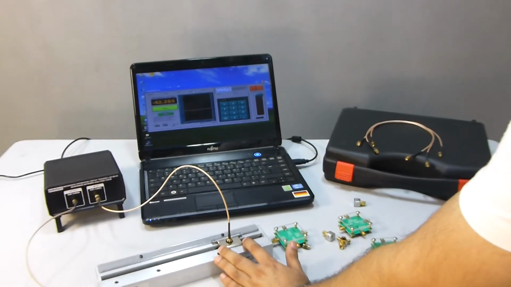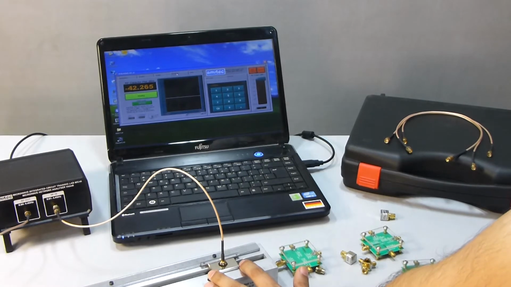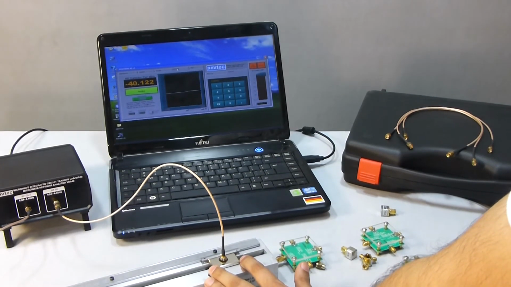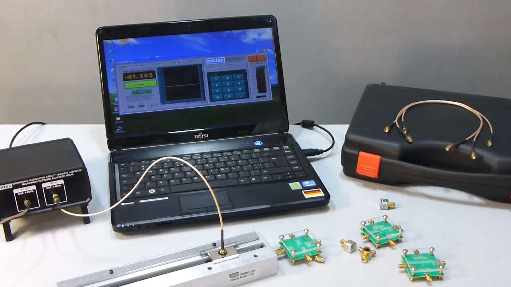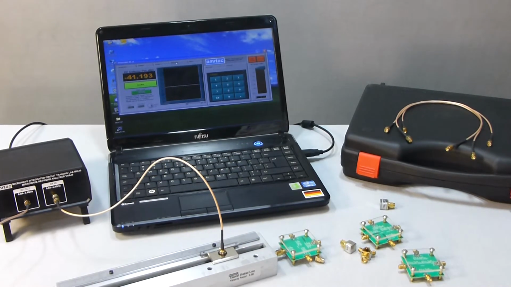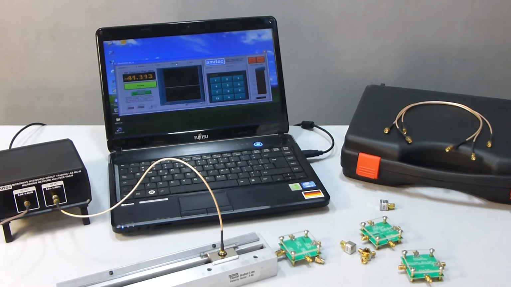Now we have arrived at another minima location, which is at 187 millimeters. The difference between the two minima gives us the half wavelength, based on the velocity of propagation inside the coaxial slotted line at the frequency of 3 GHz.